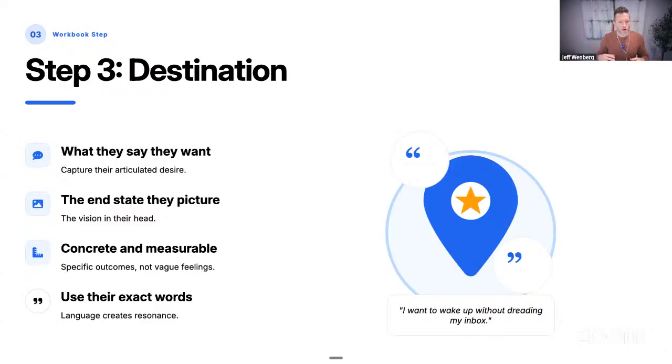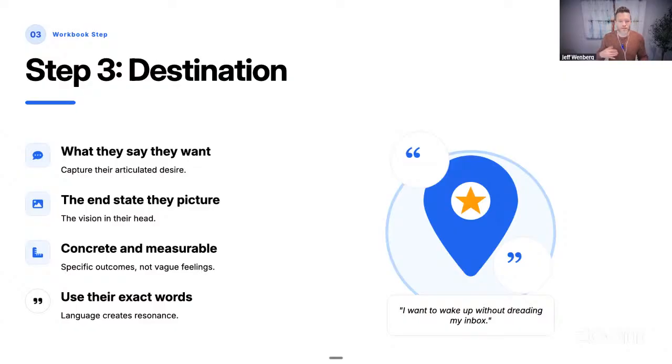And we want to know that vision that they see every day, that they're working towards even though they're in pain, they're going through it because they can see this end goal in their head. What is that? And if we can make it as specific and tangible as possible, that's always better than something like, oh, I just want to feel better.